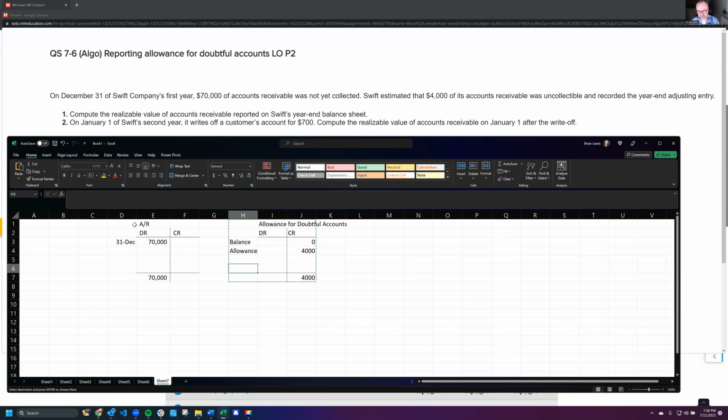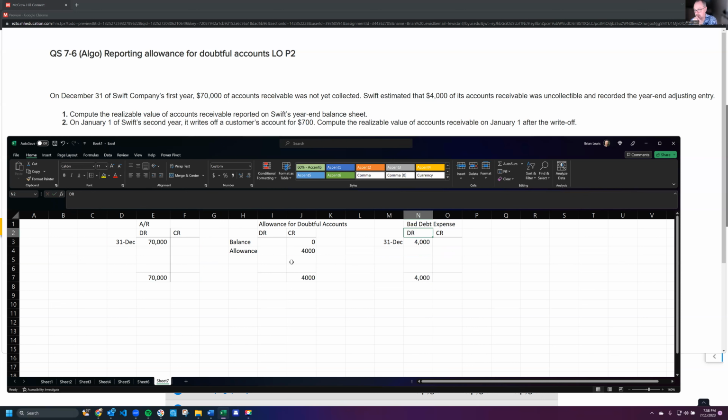Now, what they would have done during this, wrong one. I want to bring this one over. Paste. Okay. What they would have done then is this amount would have come over here to $4,000 as bad debt expense.